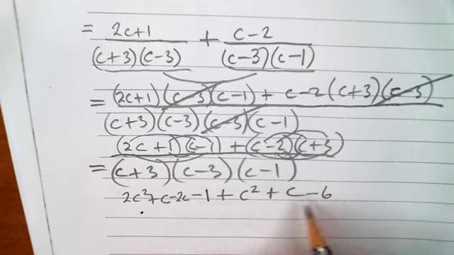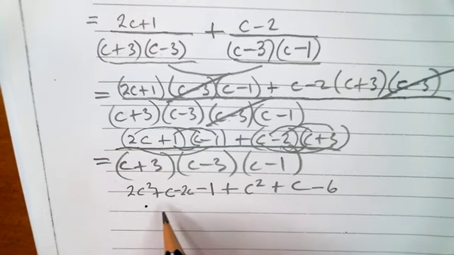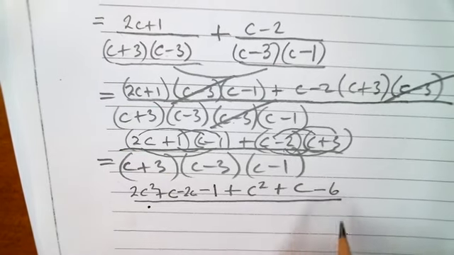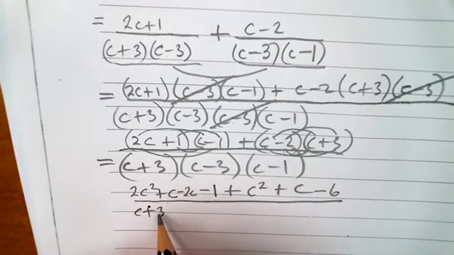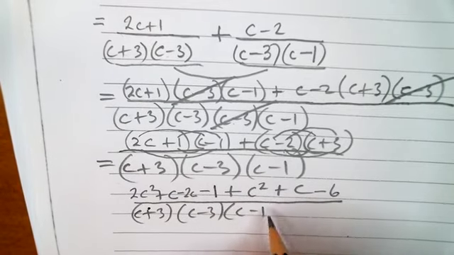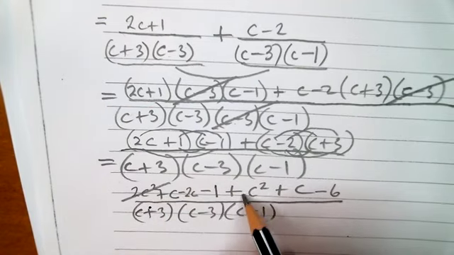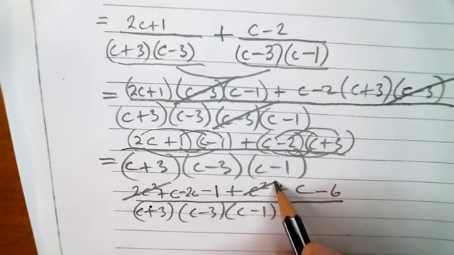Okay, let's go ahead and see if we can make some sense out of all this. And all of that, by the way, is over c plus 3, c minus 3, c minus 1. All right, so I've got a 2c squared and a c squared. So straight away, that's going to be 3c squared.